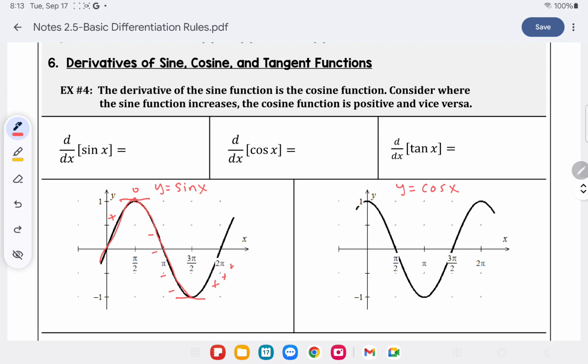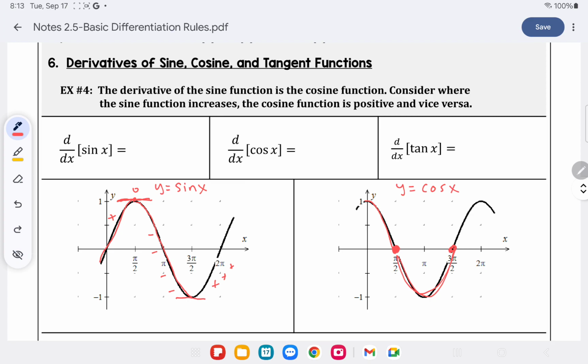Well, if you look at the cosine graph, it is the slope graph of sine of x. So we have positive until pi over 2. Then we have it at 0, just like in our sine graph. The slope of the tangent line right there is 0. Then we're decreasing, which means it's negative, which means it's underneath the x-axis.